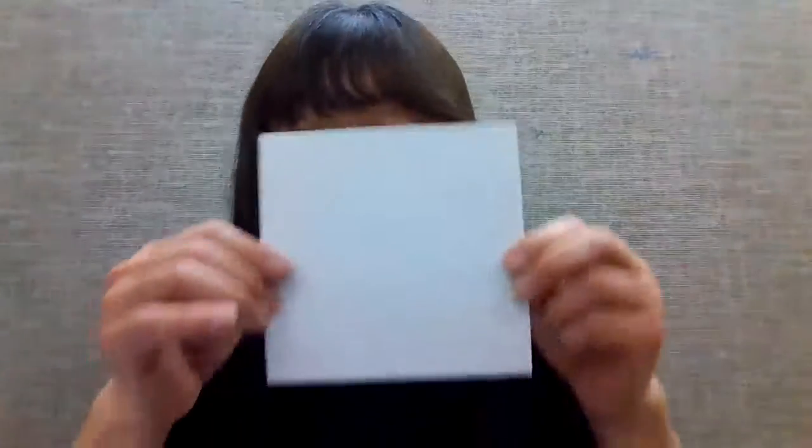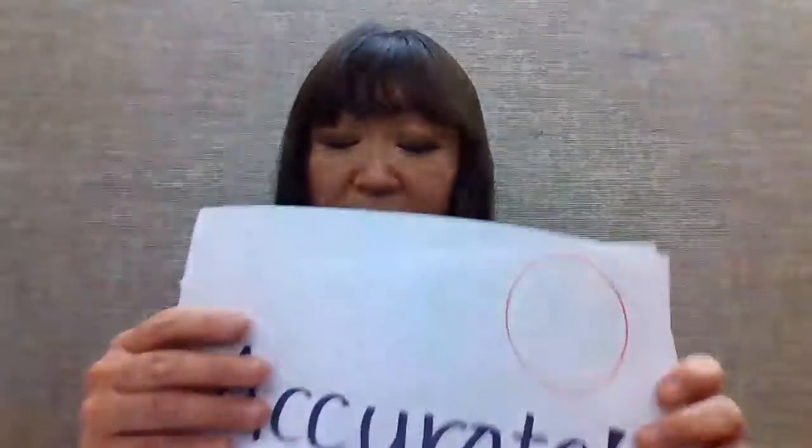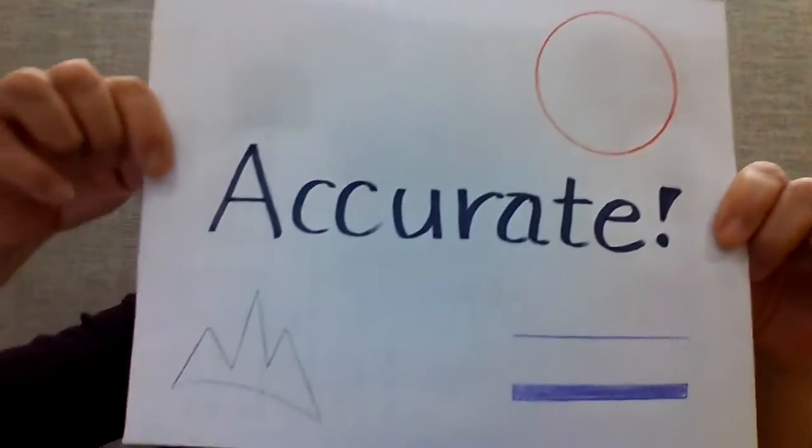So let's just say you threw down all these ideas and you picked the best one that you like, and you are ready to use the final paper and make your own logo. First you draw it with a pencil, but today I want you to make your pencil line super accurate.